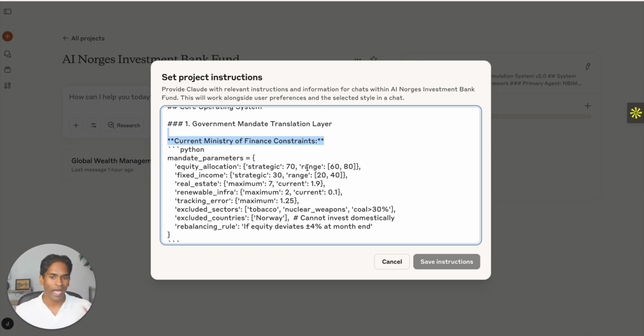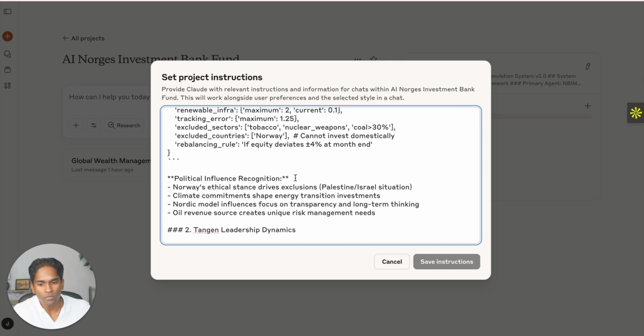So you have that base level allocation strategy, and how you go about executing that is up to the fund, up to Nikolai Tangen to execute on it, right? But the core mandate comes from the Ministry of Finance. The ethical guidelines and the framework come from the Parliament. Pretty cool stuff. I think governments around the world should take a lesson or two from Norway.